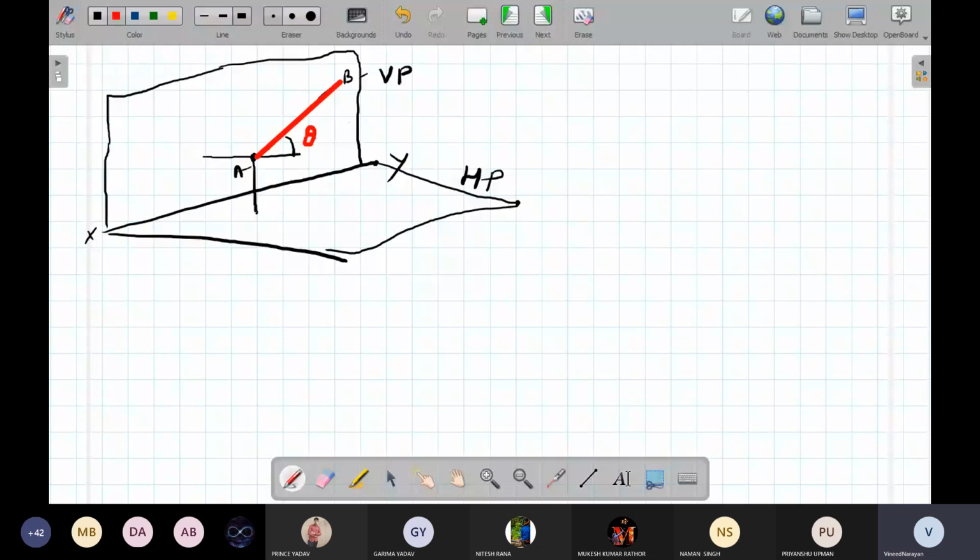Now I am projecting this line onto both the planes. So I can project in this fashion.